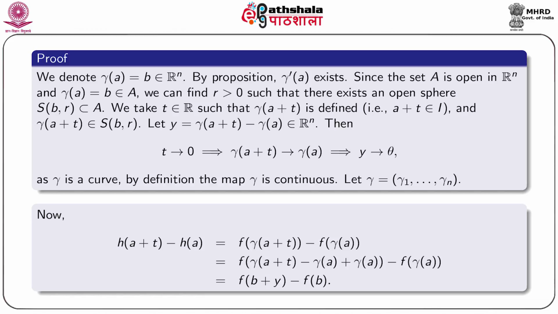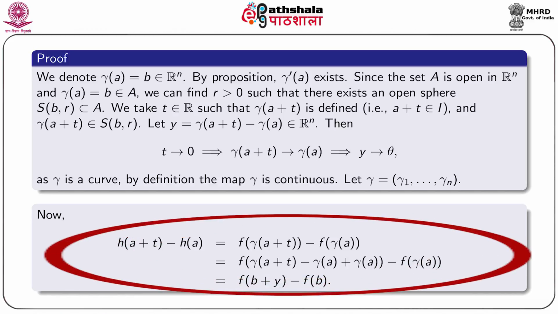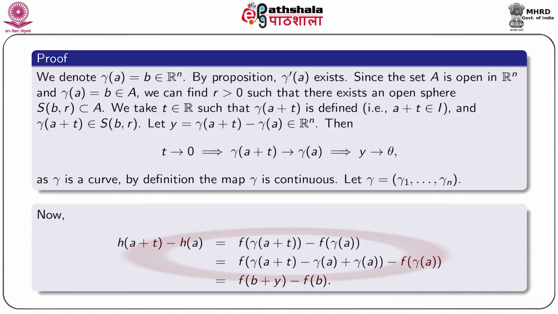Now, the increment of h, that is h of a plus t minus h a equals f of gamma a plus t minus f of gamma a. We put here the value of y, so that we write f of gamma a plus t minus gamma a, which is y, plus gamma a, which is b, minus f of gamma a, that is h of a plus t minus h a becomes f of b plus y minus f b.